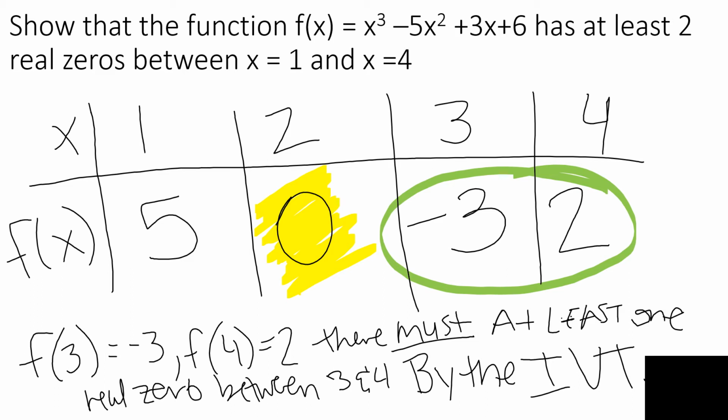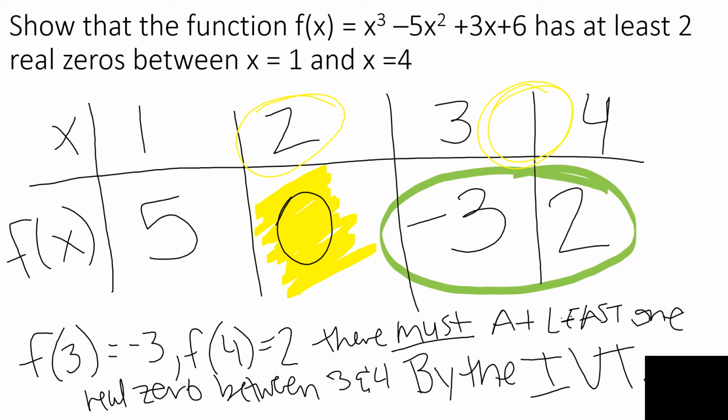So we've shown that there's 2 real zeros, just like the question asked. We showed that we have a real 0 at x equals 2, and somewhere here between 3 and 4 we've got a 0. In your answer, you also need to include that there's a real 0 at x equals 2 in your written answer.